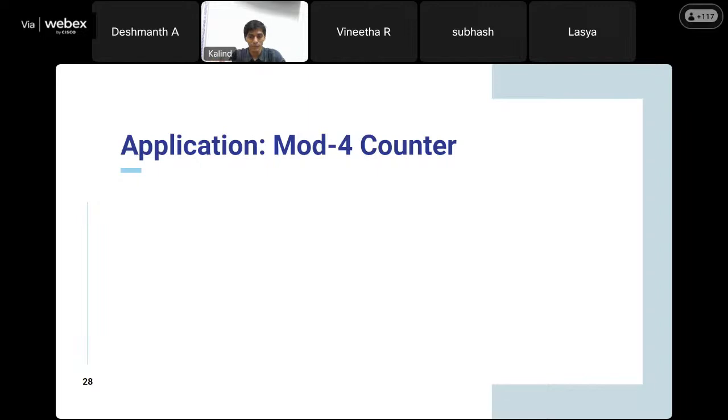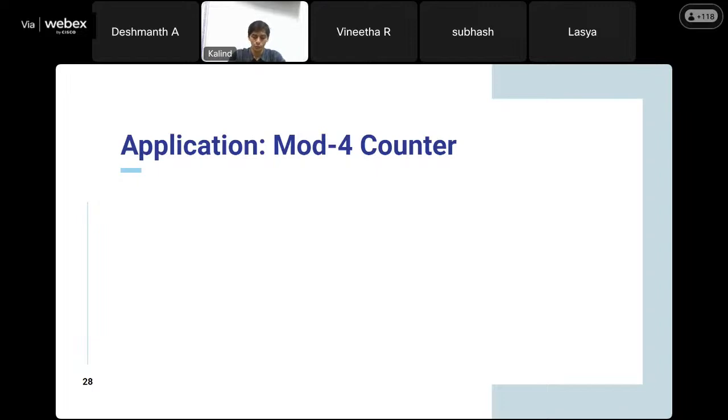Because when you say mod n counter, this system will have n states only. So when you say mod 4 counter, it means the counter is going to count only 4 states. But if it is counting from 0, what will be the max count? The max count will be 3, right? So it will count 0, 1, 2, and 3.